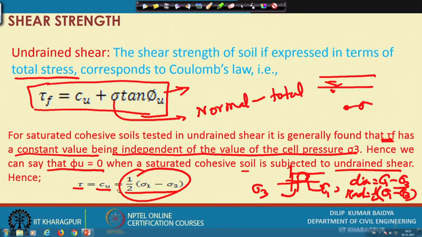So, when we do an undrained test on saturated soil in the triaxial apparatus, you get the C u, which is called the undrained shear strength, and that will be half of sigma 1 minus sigma 3.